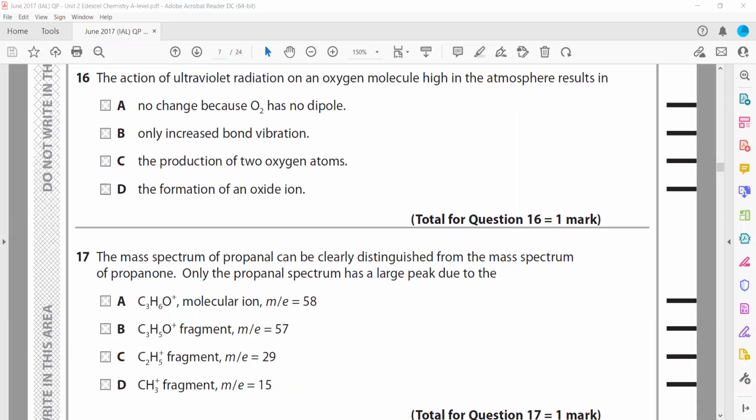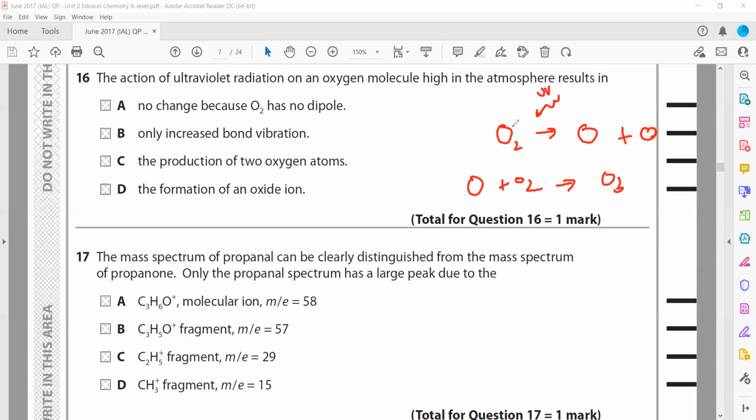This is basically the formation of ozone. Due to ultraviolet radiation, the oxygen molecule produces oxygen radicals or oxygen atoms, and this oxygen atom mixes with another oxygen molecule to form ozone, O3.